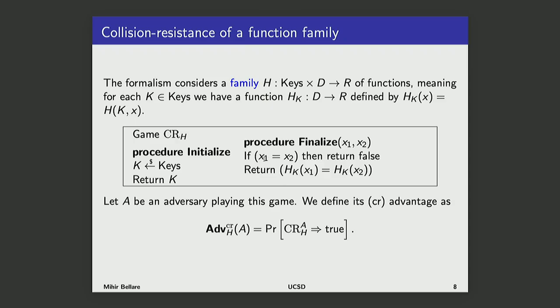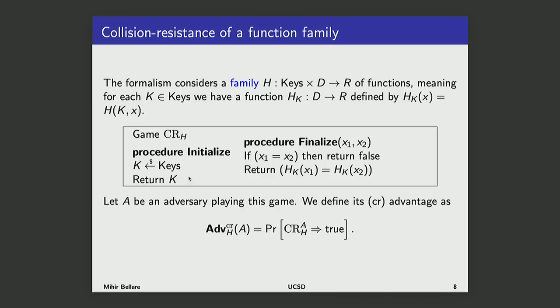That means, first off, it checks you don't have something trivial. If these are equal, it says, no, that's just cheating. So there you lose. And then it checks whether when you evaluate h with this key on x1 and x2, you get the same output. And if so, it returns true and otherwise false. And that's it. That's all the adversary has to do, find two inputs with the same output.